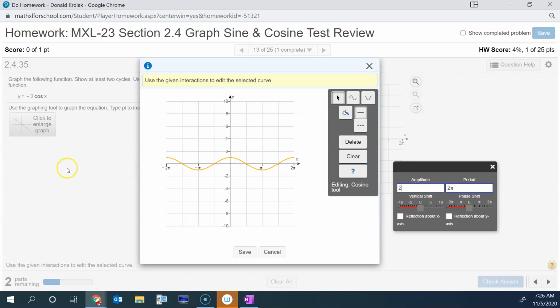Anything else? So if it had something being added to it, like at the end it might have said +3 or something, that would be your vertical shift. What's that negative do to it?